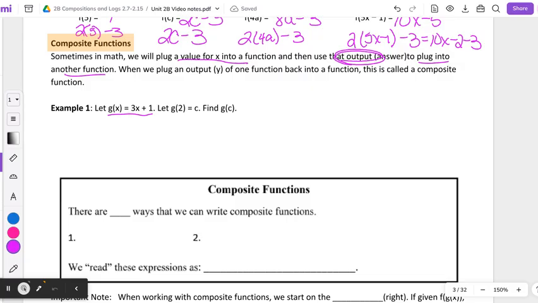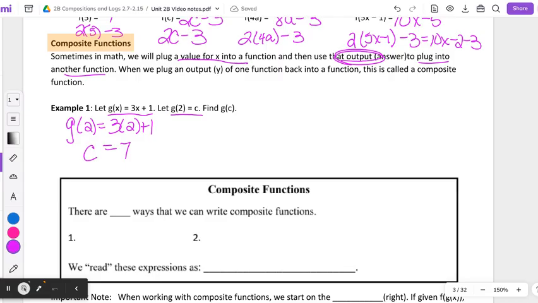We got g of x equals 3x plus 1. And then we're going to do g of 2 equals c. Find c. So g of 2 is 3 times 2 plus 1. That's 7.